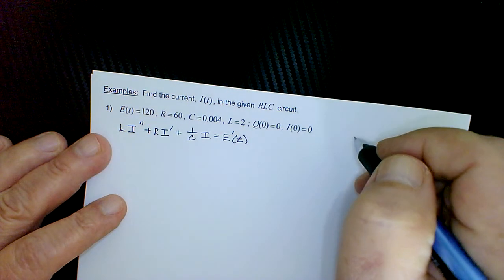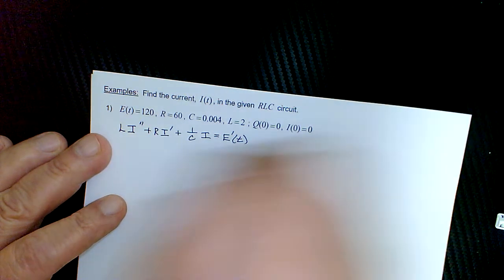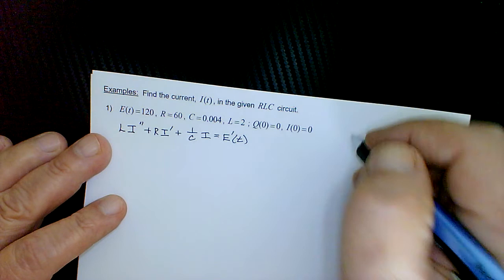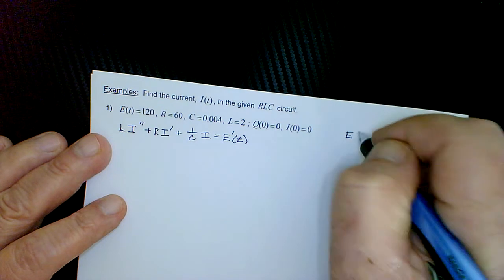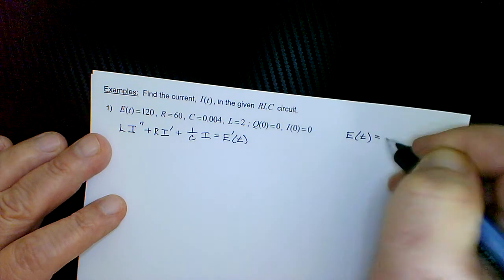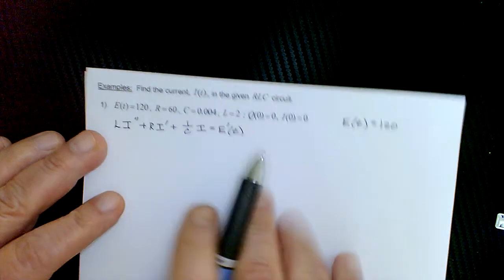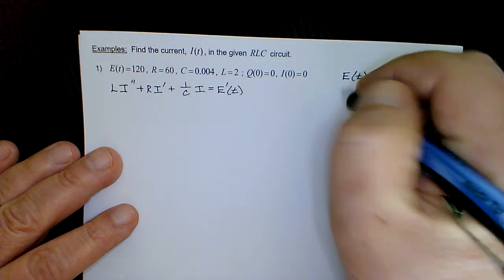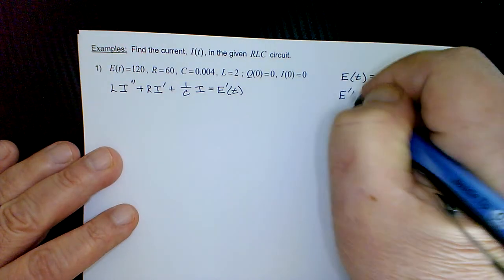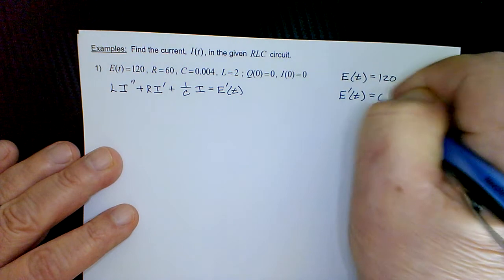So one thing to note right away before we even start substituting the R's, C's and L's in is that E of t in this case was 120, so that's a given right here. So therefore E prime of t is going to be 0.